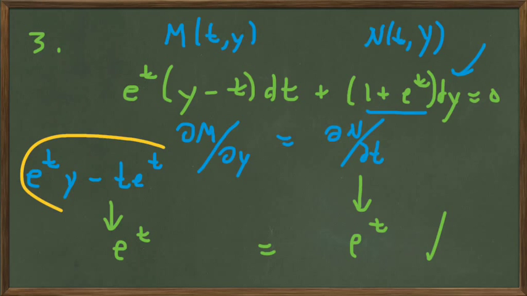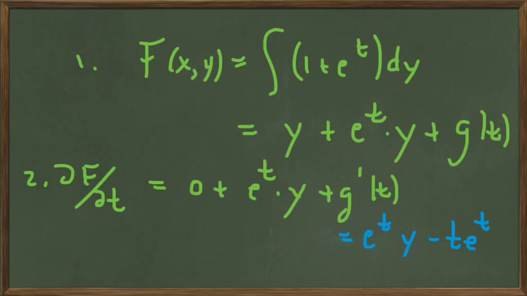and then we're setting that equal to the first element, which is the m, which is this, multiplied out. So this time g prime of t, the g function is a little bit more complicated. It is minus t e to the t, and that requires an integration by parts. So let's set that up. This problem is made more difficult because that final integral is harder to do than typical.